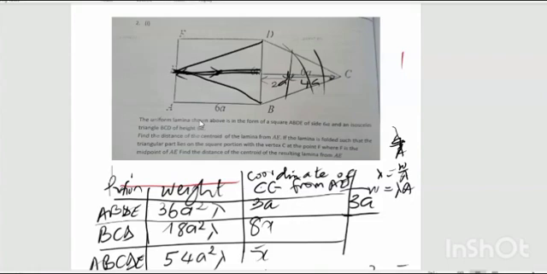And the center of gravity of this triangle, which is now lying here, measured from the vertex to here, is 2/3 of 6a. 2 over 3 times 6a gives us 4a. So we have here 4a.